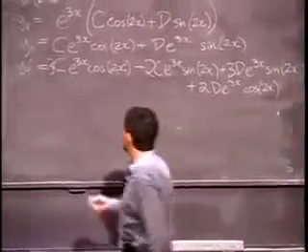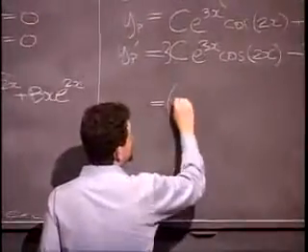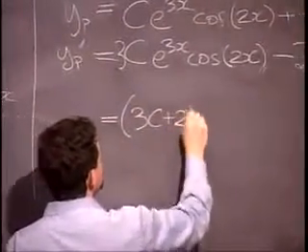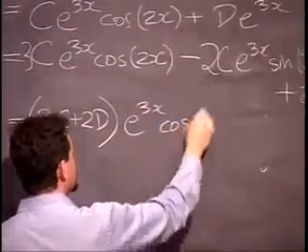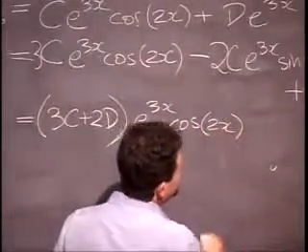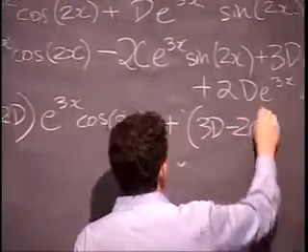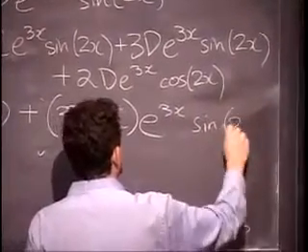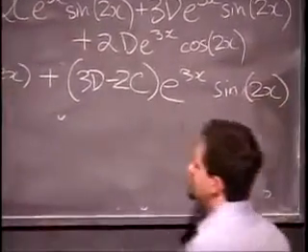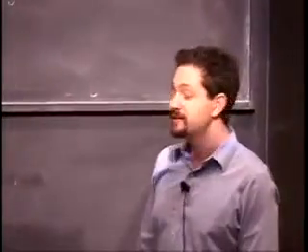If you do group the sines and cosines together, you find that the derivative is (3C plus 2D) times e to the 3x cosine 2x plus (3D minus 2C) e to the 3x sine 2x. So there's the first derivative. Unfortunately, you have to repeat the dose.